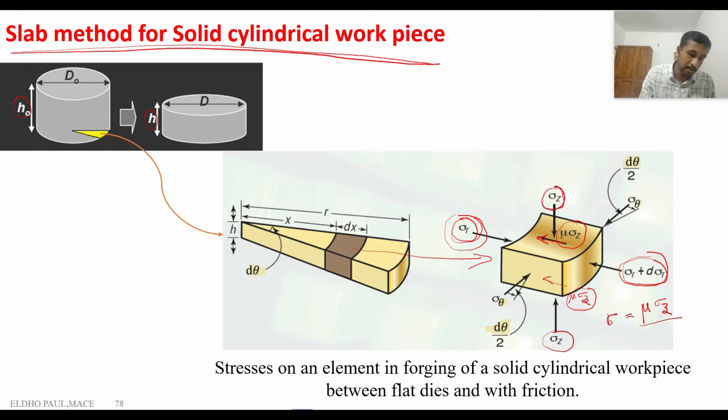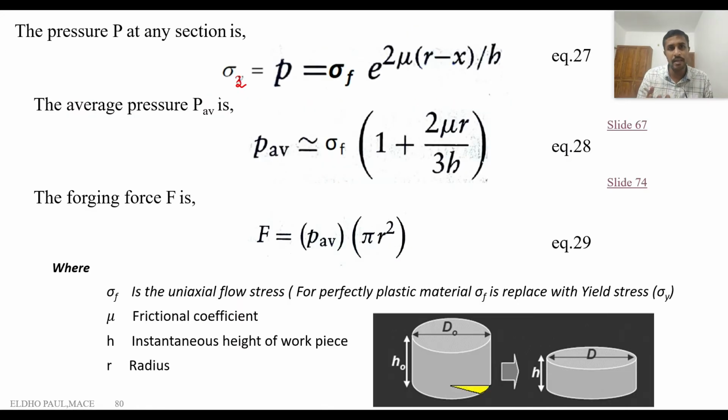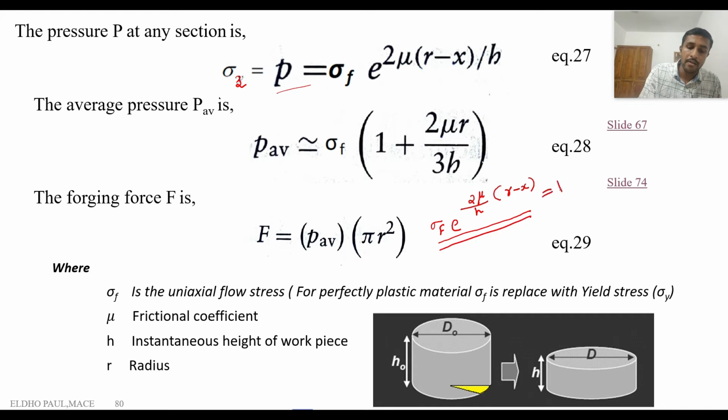So sigma z, the vertical force from the die to the metal, or the pressure, is equal to sigma f into e raised to 2 mu by h into r minus x. This is the amount of pressure developed on a workpiece during the forging process.